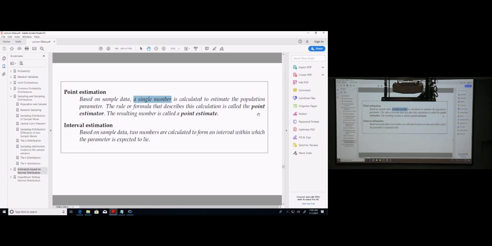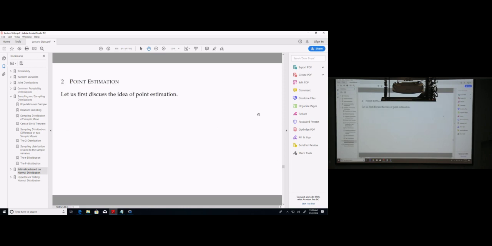Or you will actually want to have an interval based on the sample data. I want to have two numbers, okay? One is the smaller number, one is the bigger number, and this will give us an interval. And we are hoping that this interval will, most of the time, track the unknown parameter, all right?